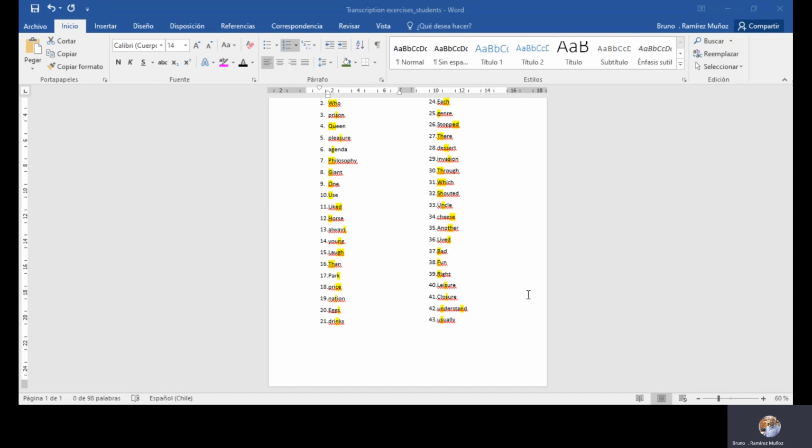Then we have grows, grows, and here we have what's called the third person singular marker.